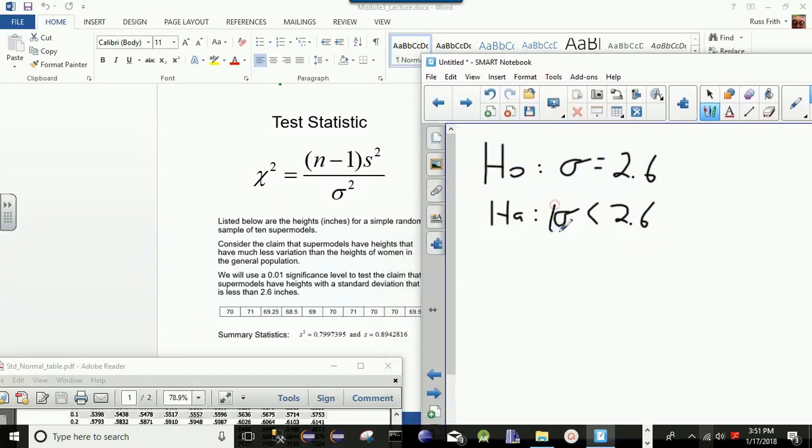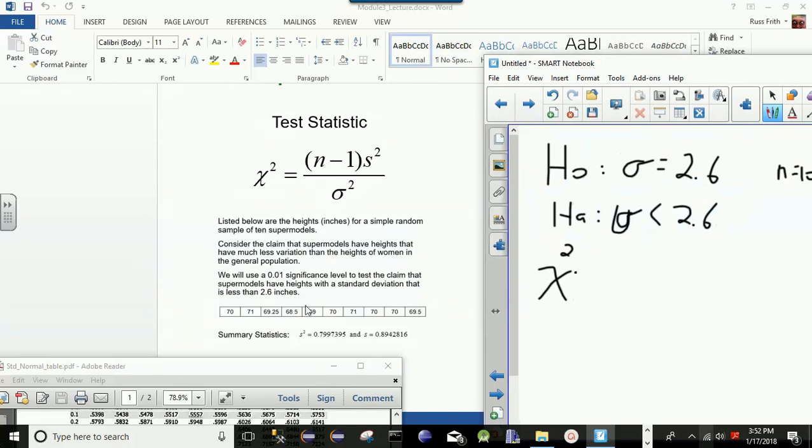Since we're working with this, we have to use the chi-squared statistic. Okay, so the sample size is 10. We need to calculate the sample standard deviation based on the data set.